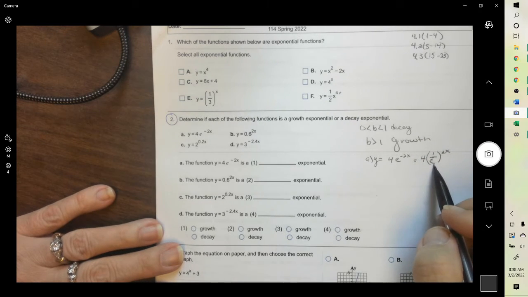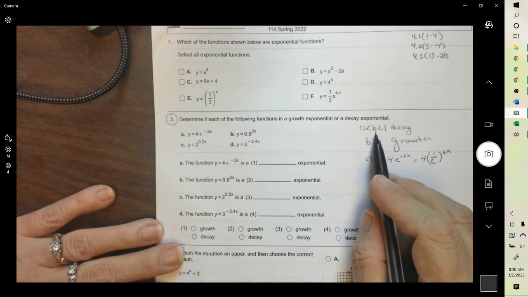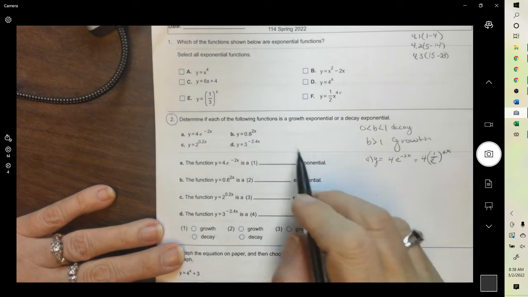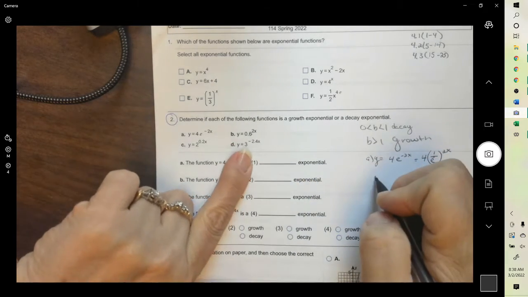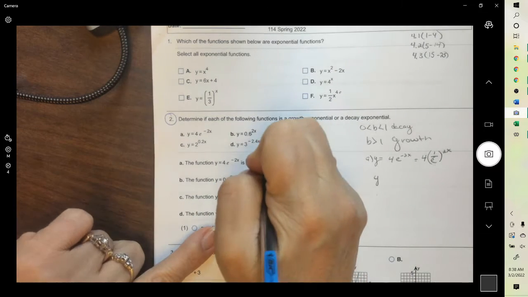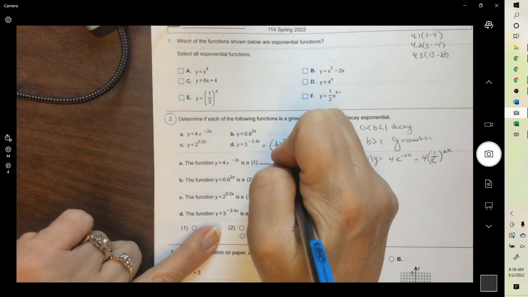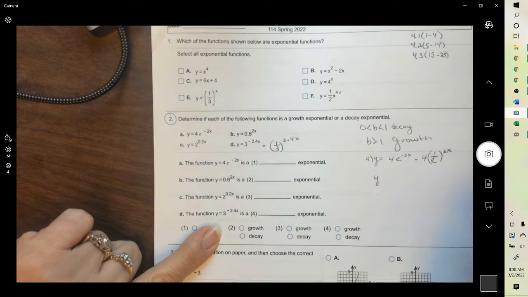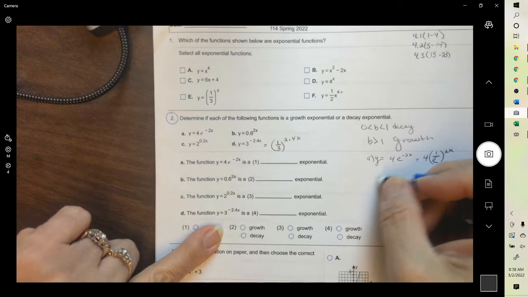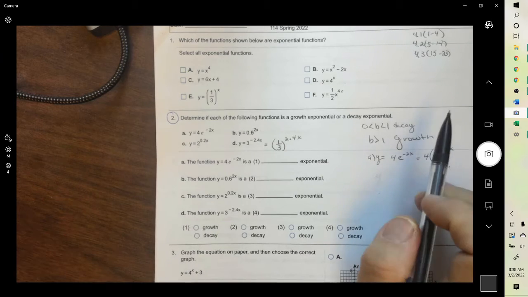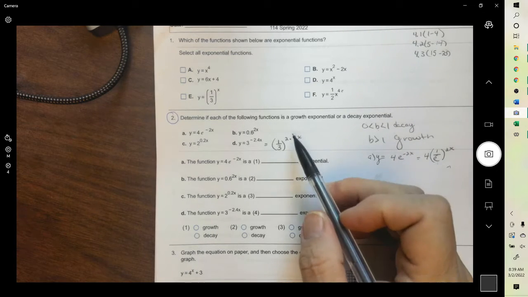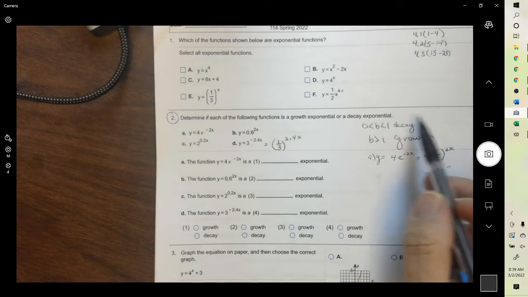Well, that's less than 1. So it's actually a decay. The same thing here. It becomes 1/3 to the 2.4x. So you need to be careful with the negatives in the exponent. Make that positive first, and then you can use this rule.